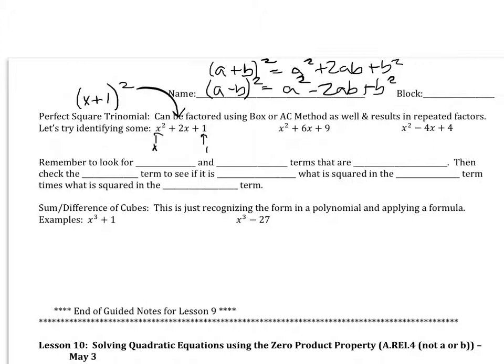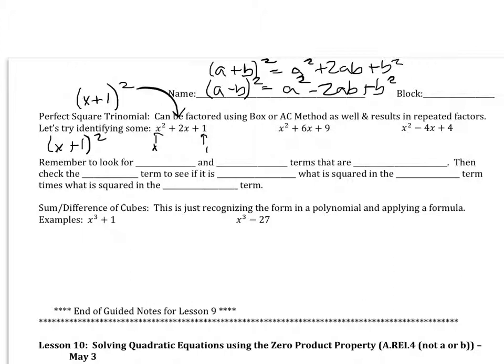And is the middle term 2 times each of these? Well, 2 times 1 times x is 2x. So we know that it can be factored into x plus 1 squared.